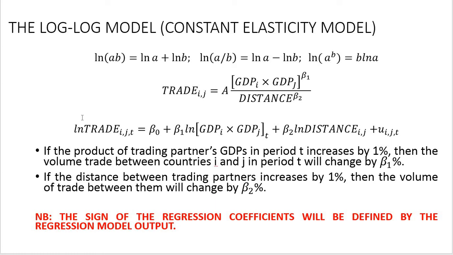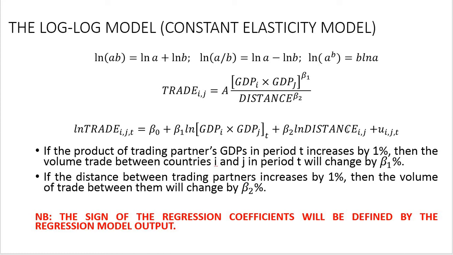Therefore, in order to simplify your life, you can just take the natural logarithm of both sides of this equation. So we take the natural log of the volume of international trade in period t, because in our case we will use panel data. Then you have to logarithmize this side of the equation as well using those formulas.